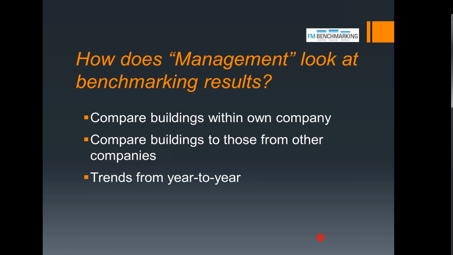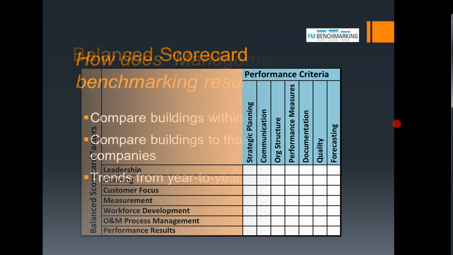Okay, thank you. Let's continue now and look a little bit at how management looks at benchmarking differently than just facility managers. With management, what we find is that they're looking at things at a grander level, a more macro view. They want to compare buildings within their own company without looking at too much detail within any one building.